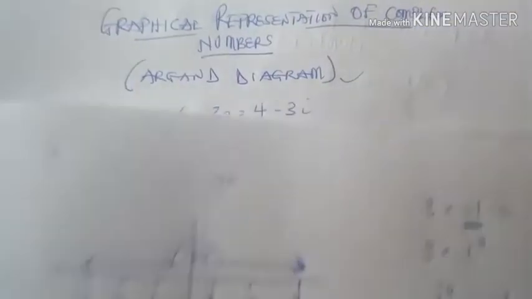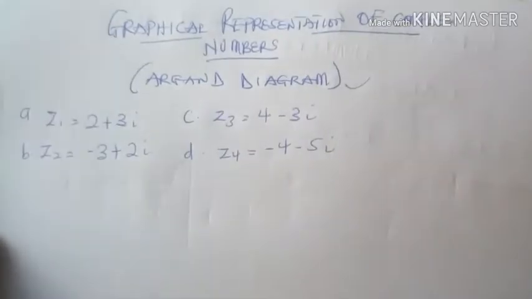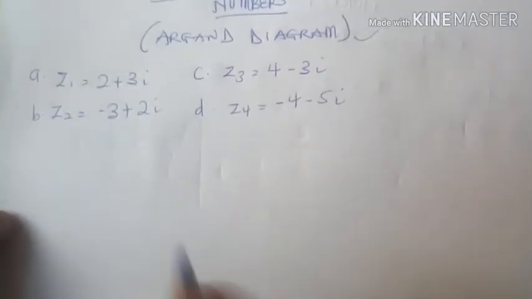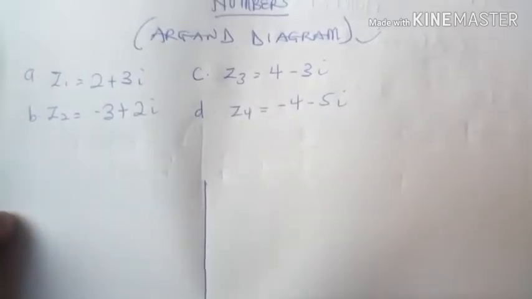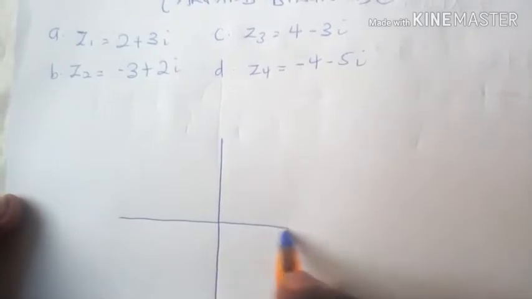Now let's get back to the graphical representation of complex numbers. I'm going to use this example. I have this graph over here.